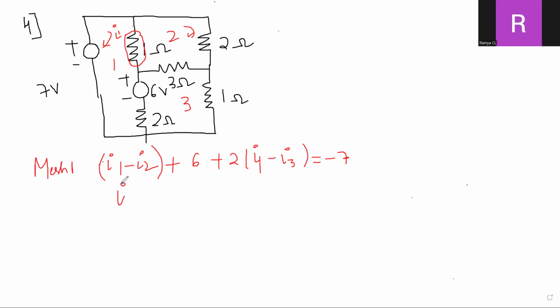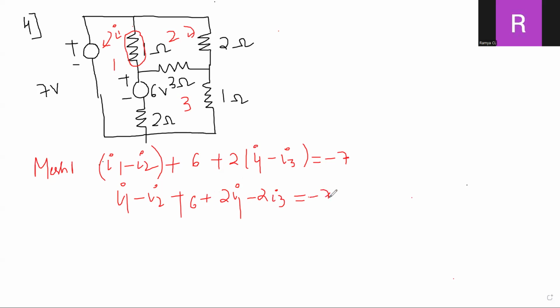I1 minus I2 plus 6 plus 2I1 minus 2I3 is equal to minus 7.